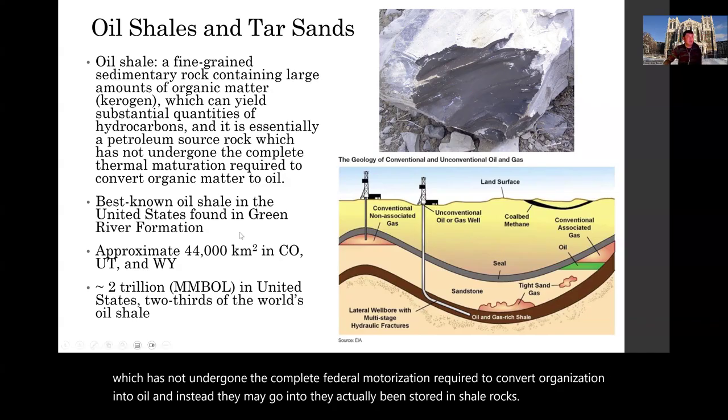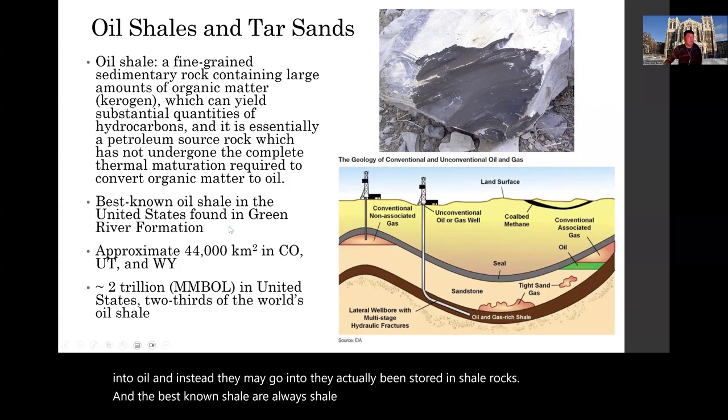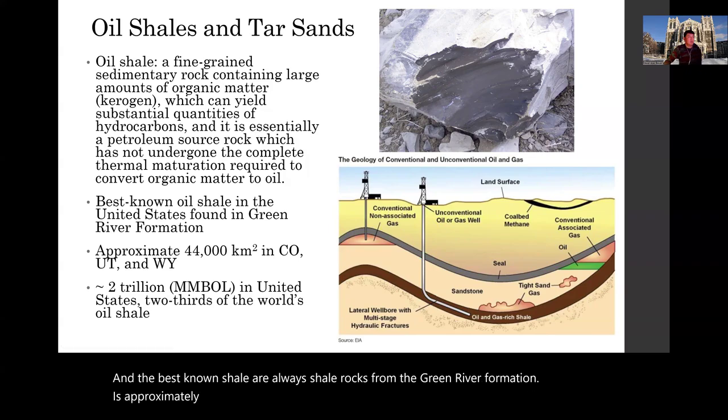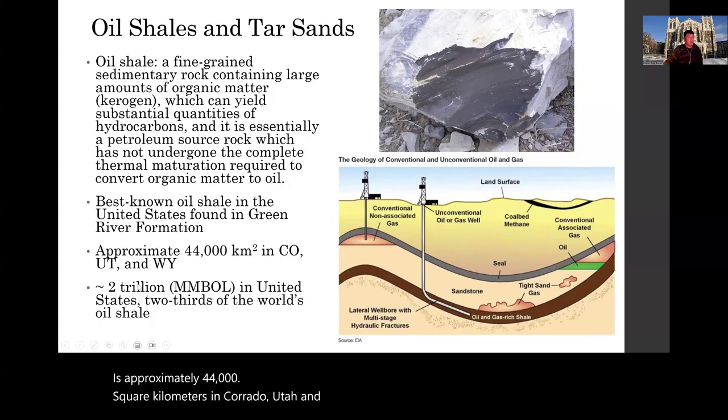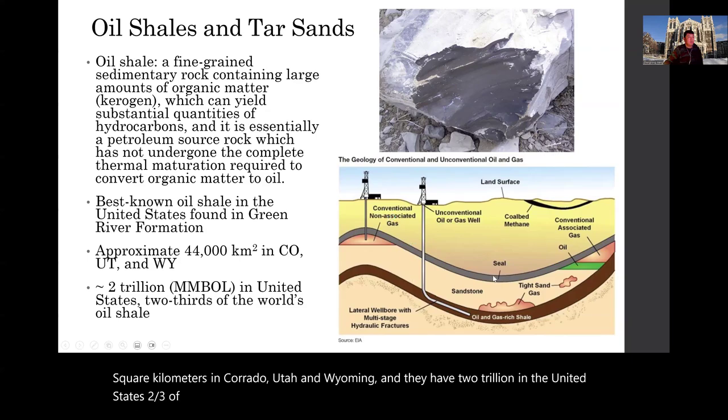The best known oil shale rocks are found in the Green River Formation, approximately 44,000 square kilometers in Colorado, Utah, and Wyoming. They have 2 trillion in the United States, 2/3 of the world's oil shales. So you can actually have oil and gas shales.